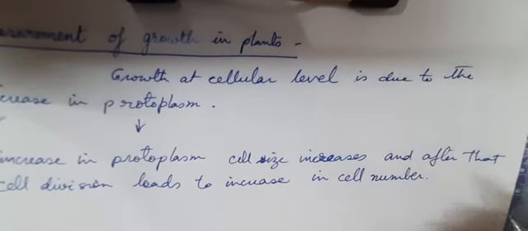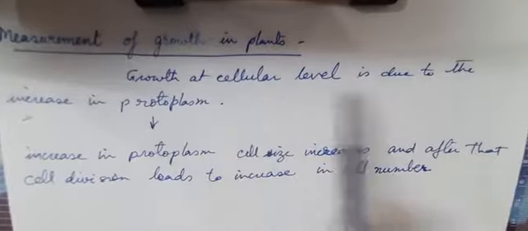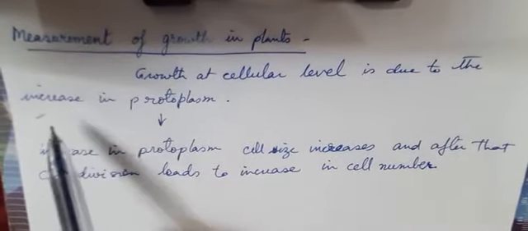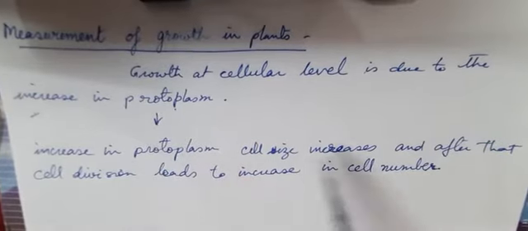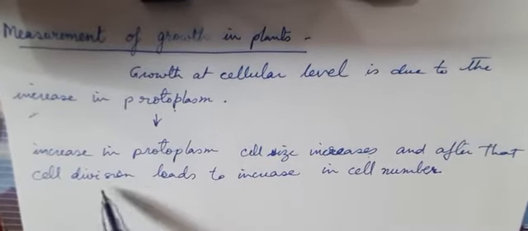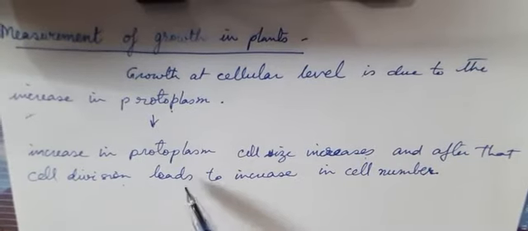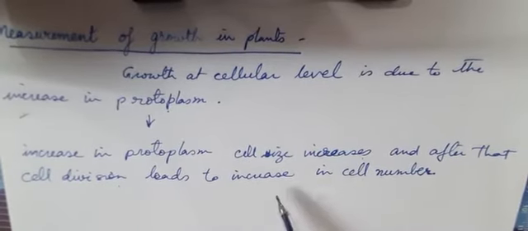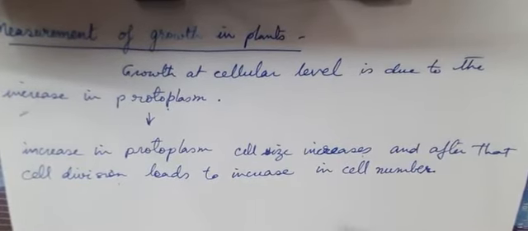It means when the cell is born after the cell division, it first of all grows in size by increase in the protoplasm. Then when it grows in size, it undergoes division again, and by repeated cell division, the increase in cell number takes place.